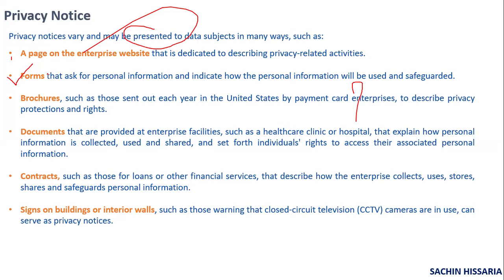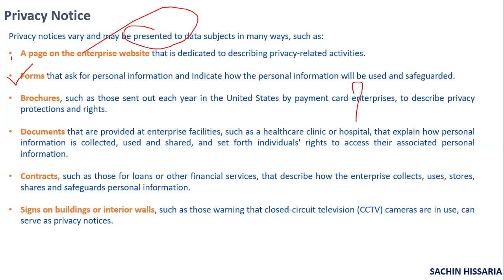Brochures: sometimes companies send a brochure to their customers, and on that brochure they can write a privacy notice. Documentation: suppose you go to hospitals and other enterprise facilities, in that document also they will write the privacy notices and explain how your personal information is collected and used, and they will ask for your acknowledgement.